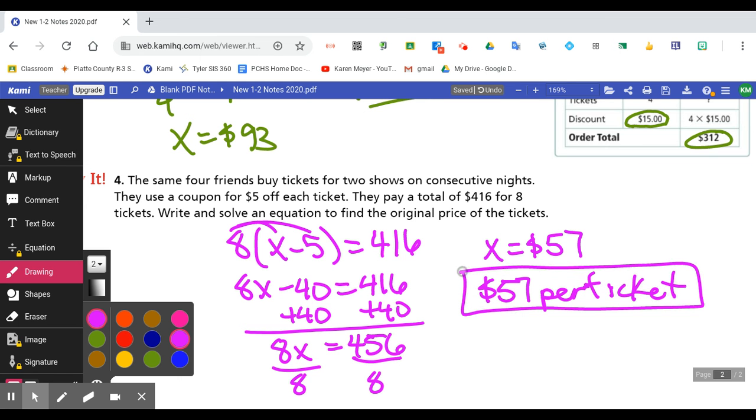So hopefully after you've attempted it, you will come up with the final answer being $57 per ticket.